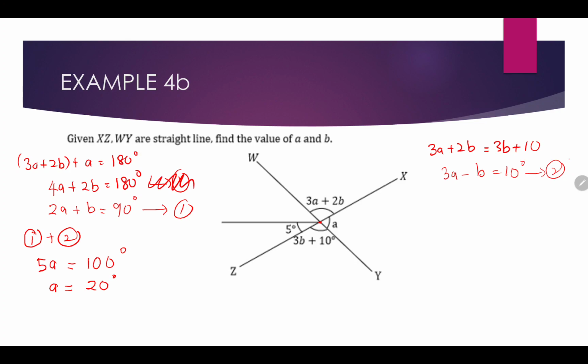Just substitute the value of a that we got into any equation, whether equation 1 or equation 2. So 2 times 20 plus b equals 90 degrees. So b equals 50 degrees. Okay, so that's the answer for example 4b.